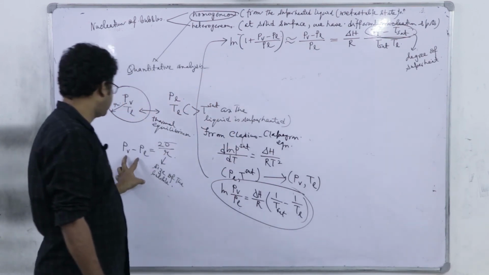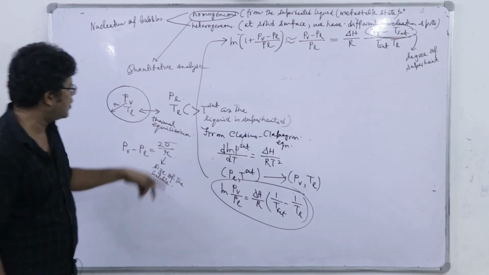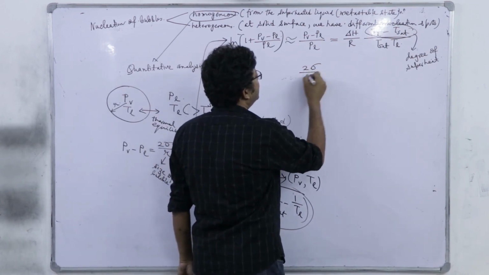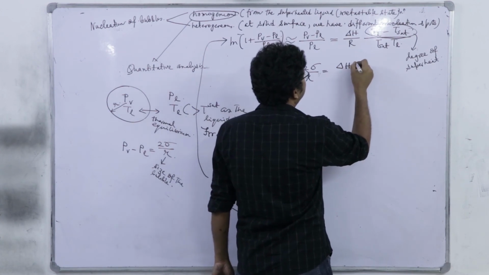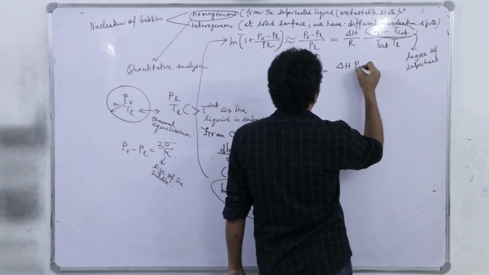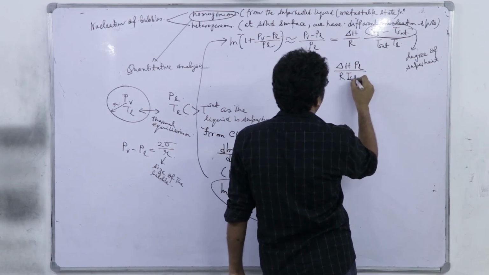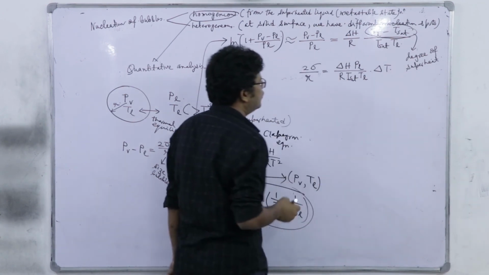Now we will use the equation to replace this PV minus PL, which is 2 sigma divided by r. So 2 sigma divided by r is equal to delta H into PL divided by capital R into T sat TL into delta T, the degree of superheat.